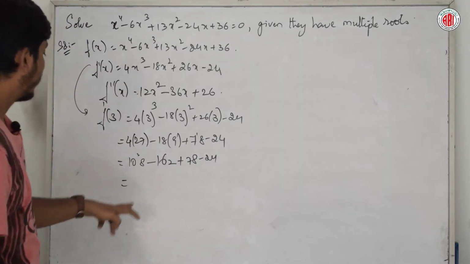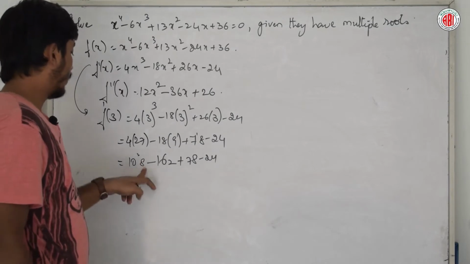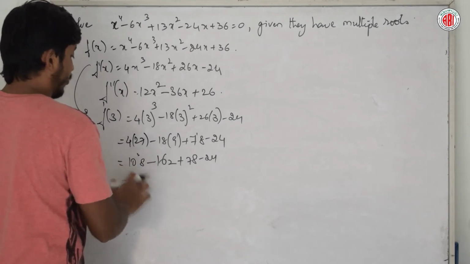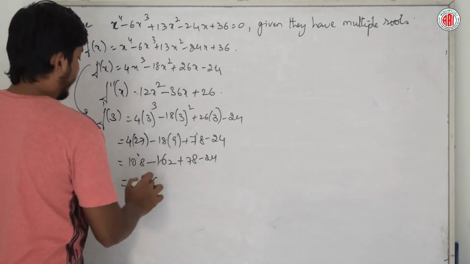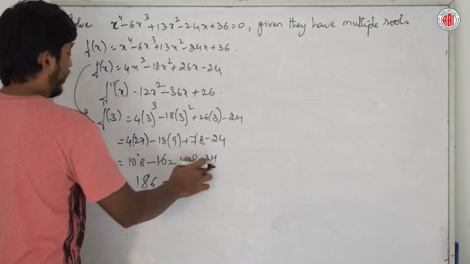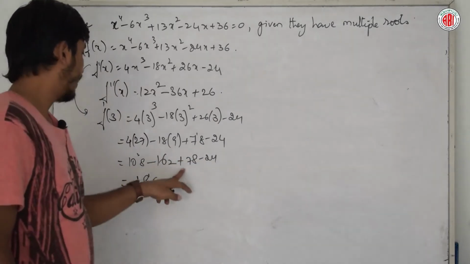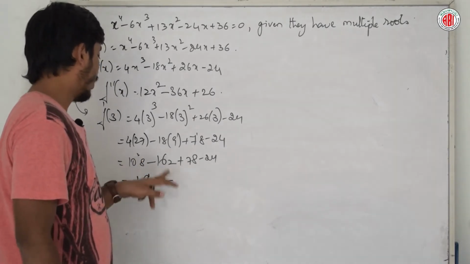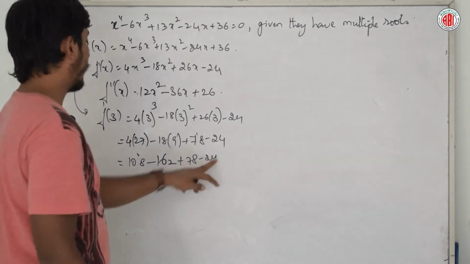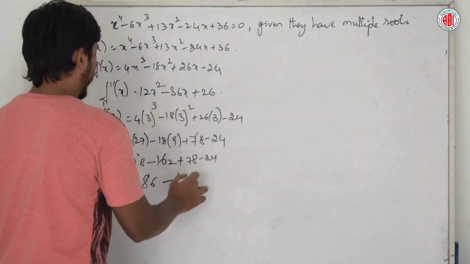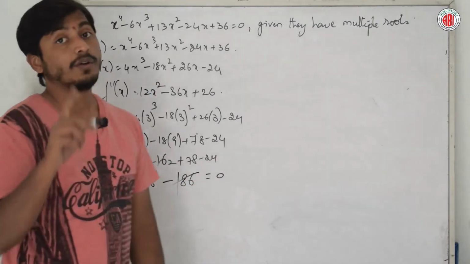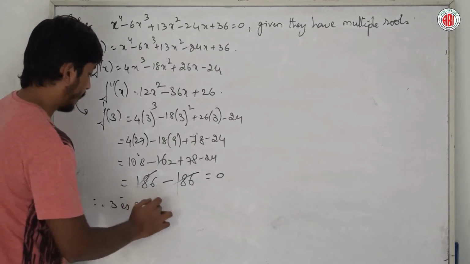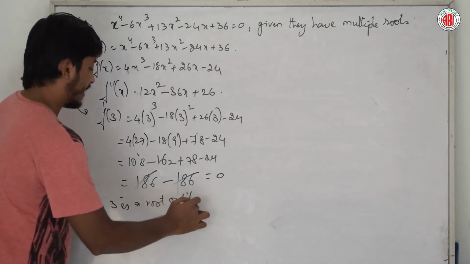Now just check. 108 plus 78 is 186, and 162 plus 24 is 186. Both are getting cancelled, therefore 3 is one root. Okay, therefore 3 is a root of f dash x and f of x.